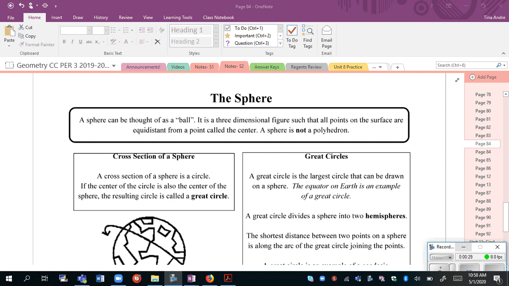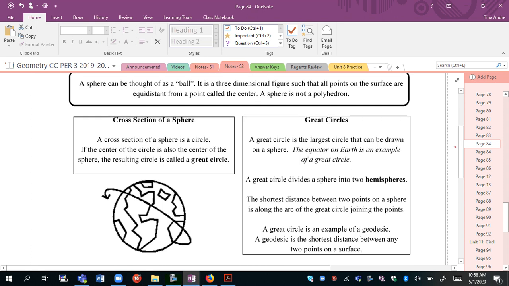It's completely curved. When we talk about finding the cross section of a sphere, so basically slicing a sphere, we will get a circle. Anywhere I slice this, I'm going to end up getting a circle. If the center of the circle is also the center of the sphere, then the circle is called the great circle.